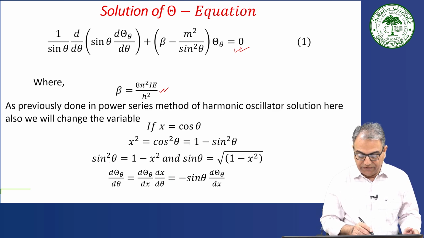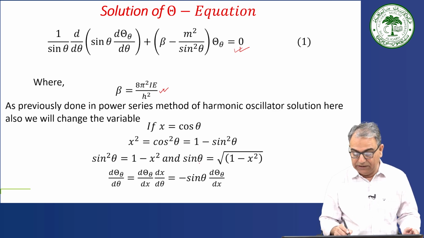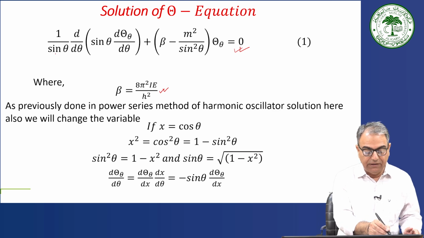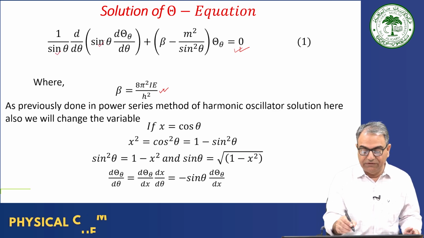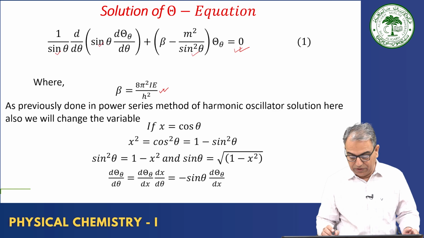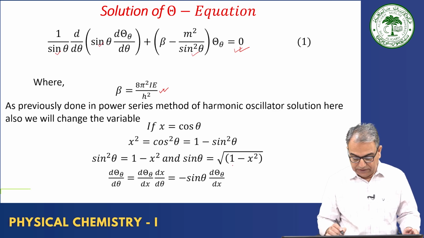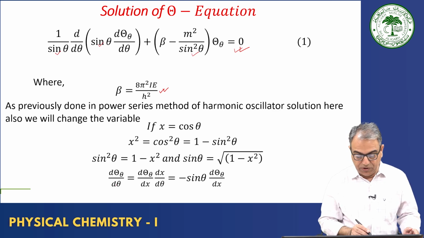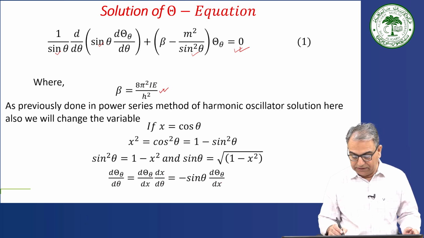So sin square theta is equal to 1 minus x square, and sin theta is equal to root under 1 minus x square. So you have the sin theta here, and the sin square theta here, so you can change these variables. Furthermore, d theta(theta) by d theta we can write as d theta(theta) by dx into dx by d theta, and dx by d theta will be minus sine theta.